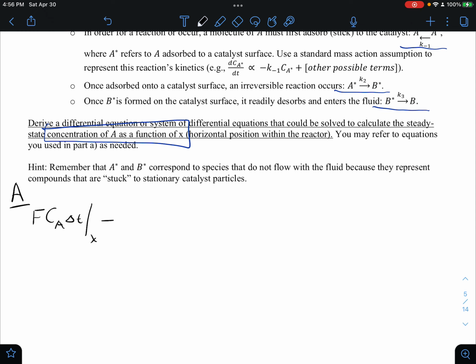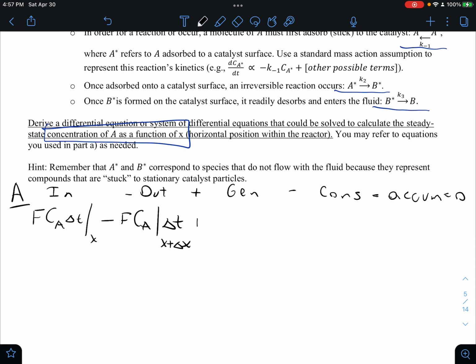The output, hold on, let me write the whole balance formula. In minus out plus generation minus consumption equals accumulation, which is 0 at steady state. So the output is going to be F C_A evaluated at x plus delta x times delta t.